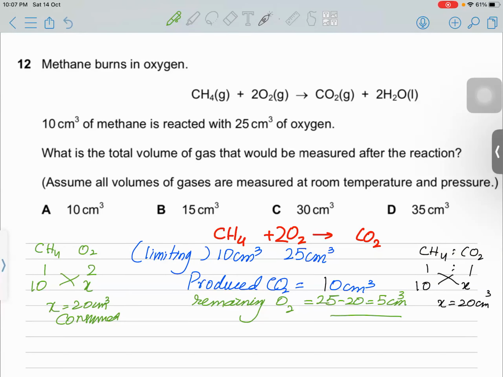Sir, why did we do the ratio between CH4 and O2? Because we need to find the remaining volume of oxygen. So here we have 1:2.